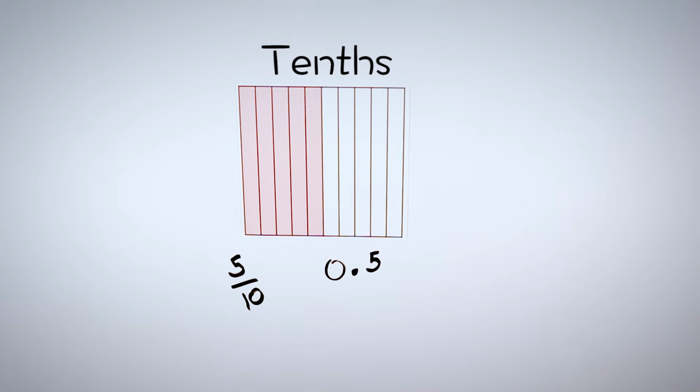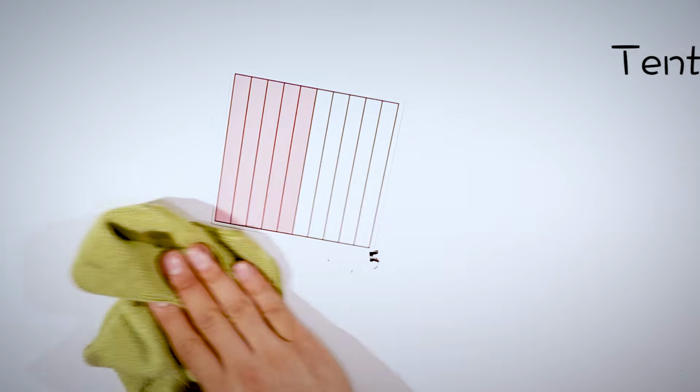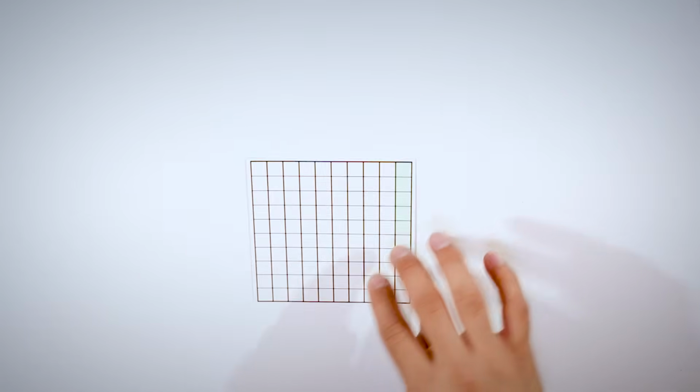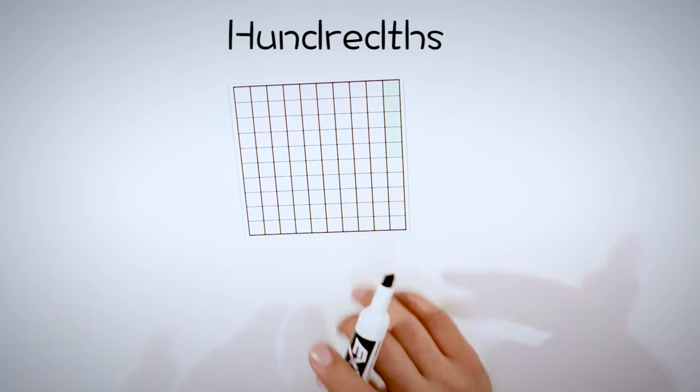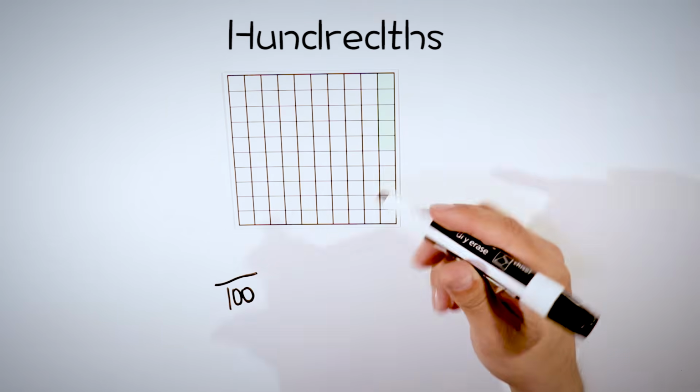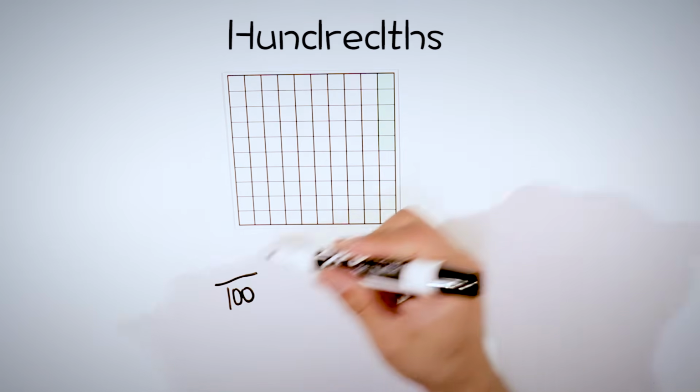All right, let's just do one more for fun. And let's go and get, ooh, well, that was boring. So this one's hundredths, right? We can write the denominator of 100 and just count the pieces: 1, 2, 3, 4, 5.